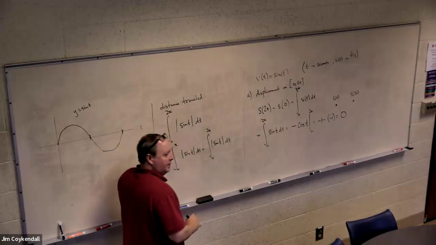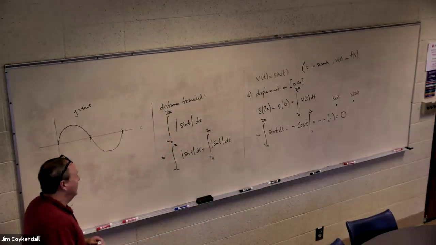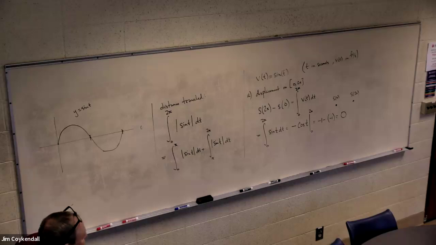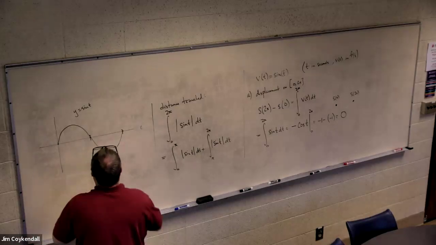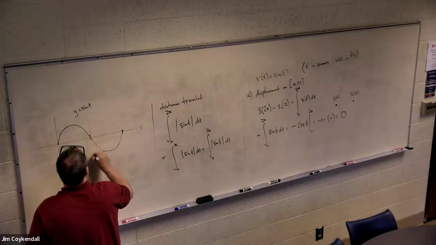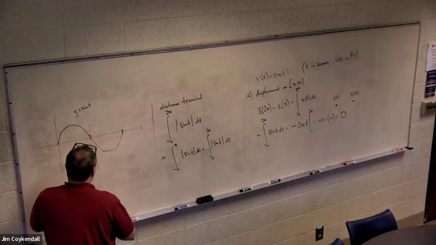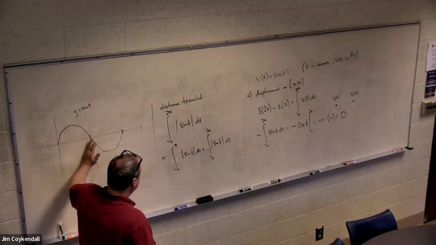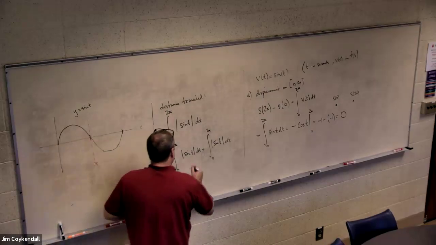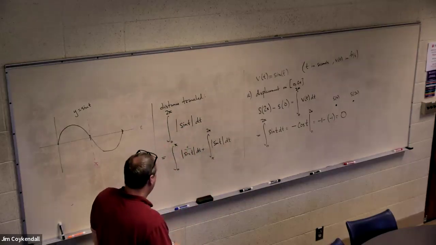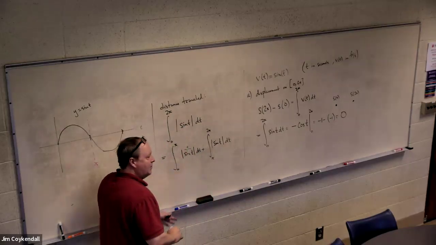Why did I split it up into these pieces? Why did I go from 0 to pi and then pi to 2 pi? Right, this is my breaking point right here. This is where I divided it up. Because from 0 to pi, sine t is positive. So what's the absolute value of a positive number?